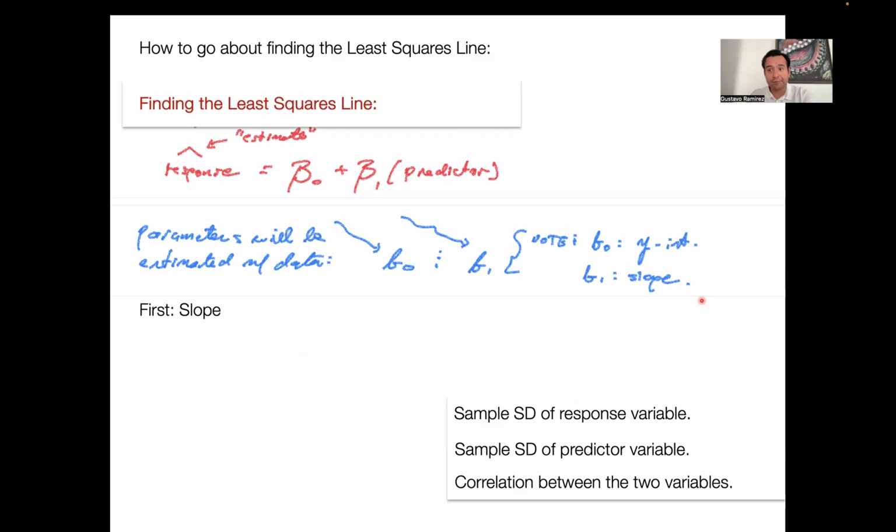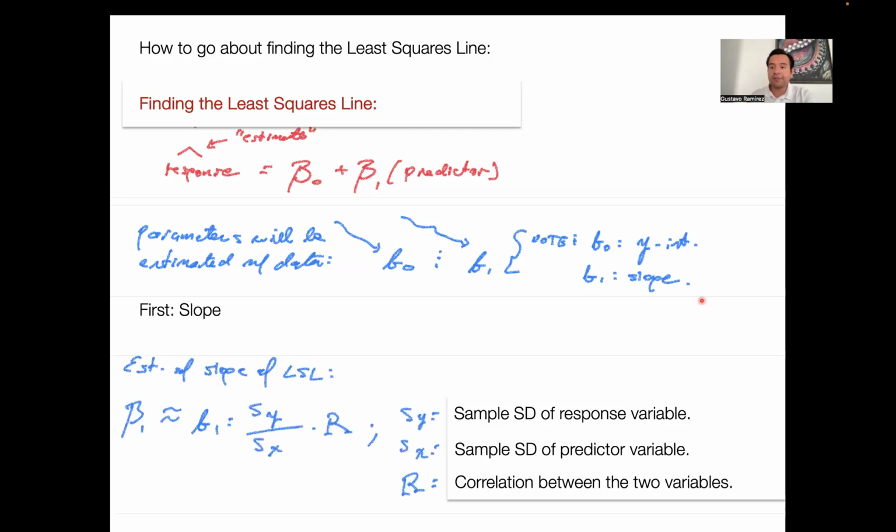Okay. So first things first, what you're going to want to do is find the slope. The slope's a pretty important criterion, one of the two parameters that help you draw a line. And the slope estimation is quite easy actually. Again, the true slope would be beta 1, and we're just not going to work with that ever. What we work with is an estimation of that parameter, which would be lowercase b1.